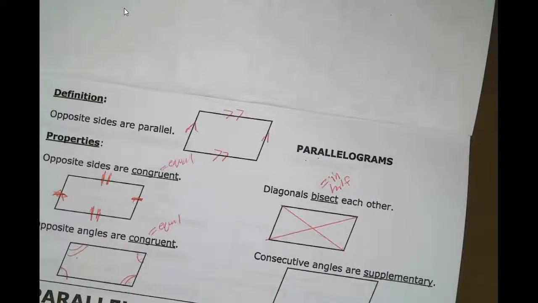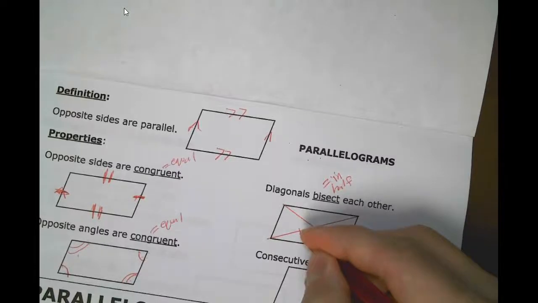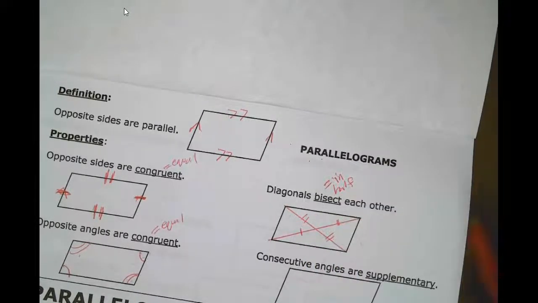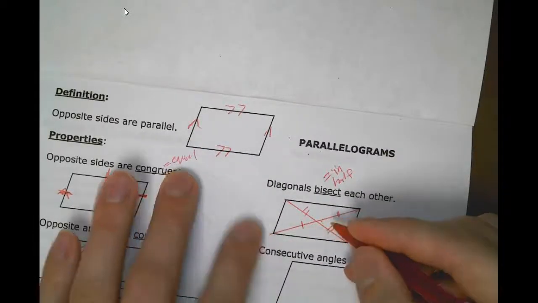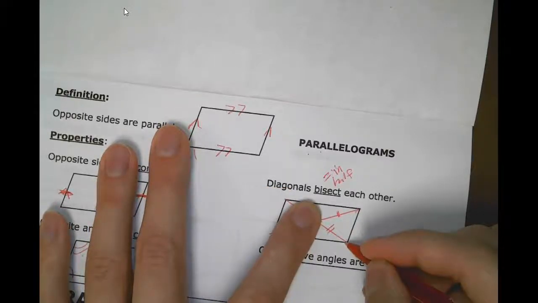Well, sorry, they're not the same. They're splitting each other in half. So that means this is the same as this. This is the same as this. If this was 3 centimeters, this one would be 3 centimeters. If this was 6 centimeters, this one would be 6 centimeters.